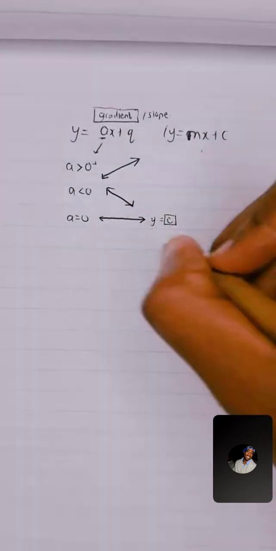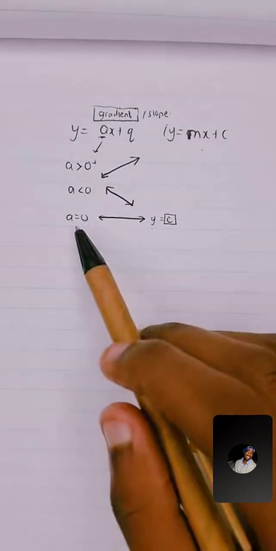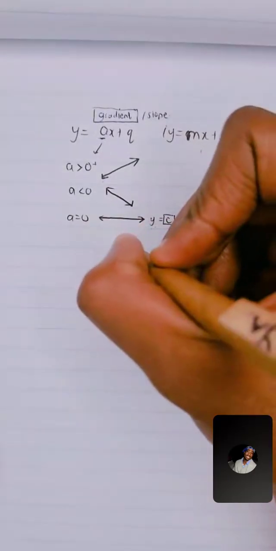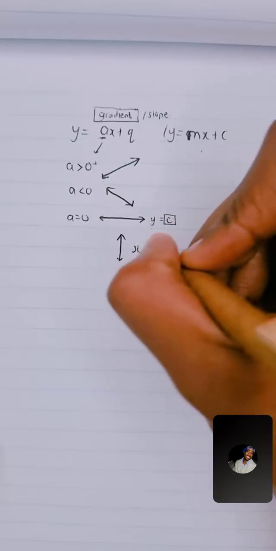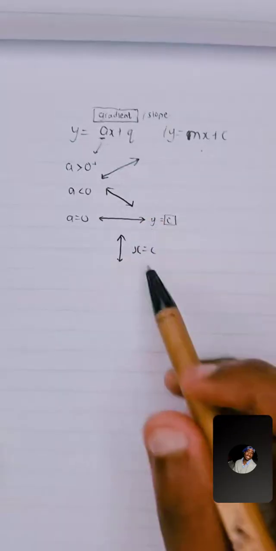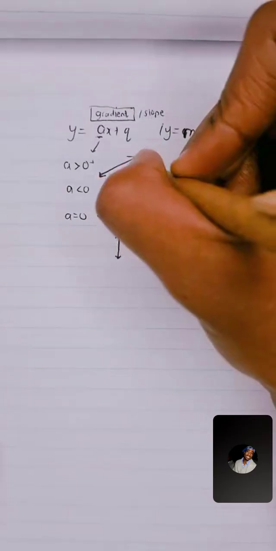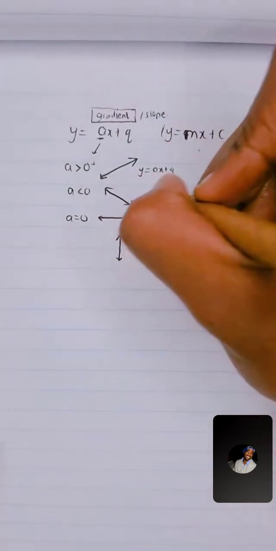Your x-axis has the equation y is equal to 0 because it is a horizontal line that has a gradient of 0. That's your x-axis, okay? Then you have a vertical line, the black sheep of the family. It does not have the subject y in it. All of these are in this form.